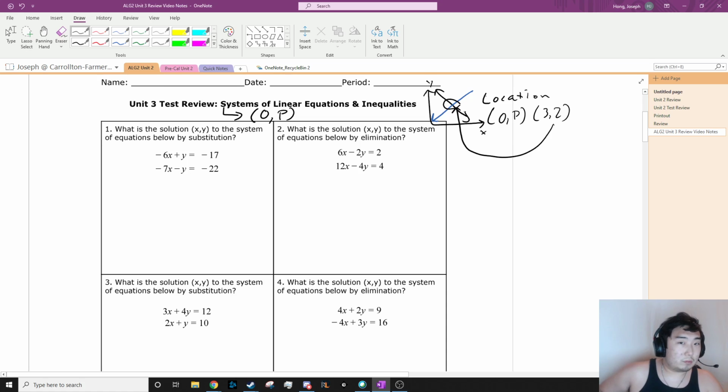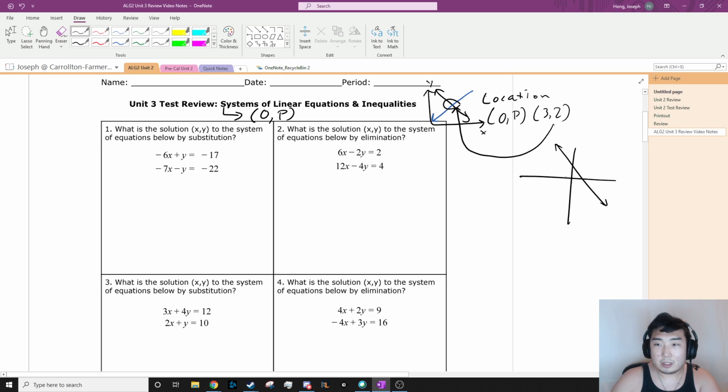So that's our goal. If it's an inequality, and I have two lines, and let's say this one is shaded downwards, and my blue line is like this, and let's say I shade upwards, wherever both colors are is my solution.